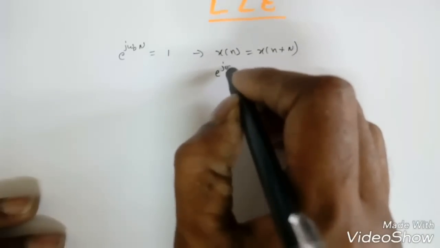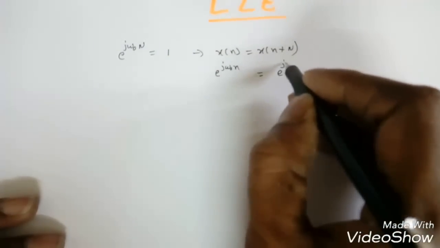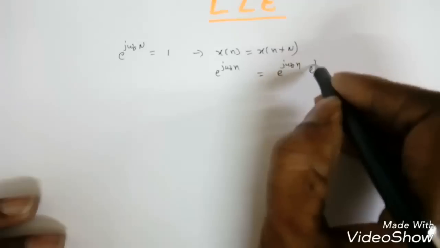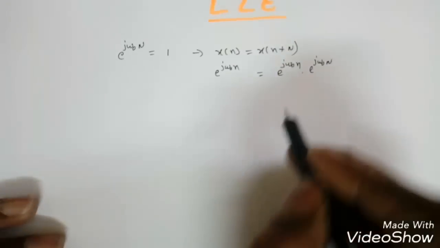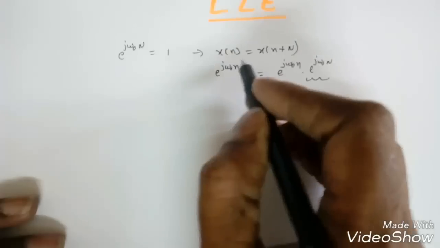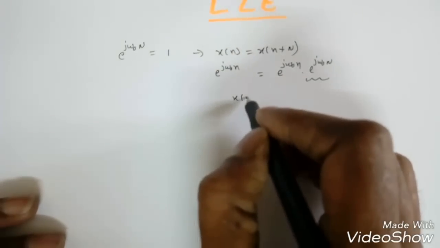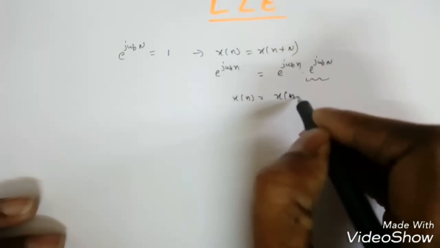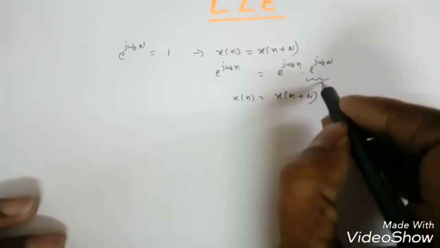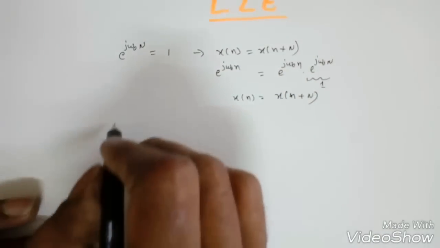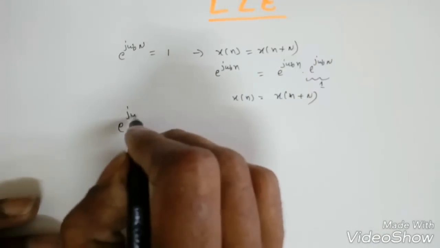That is, e power j omega naught n is equal to e power j omega naught n into e power j omega naught capital N. If this term is 1, then only x of n is equal to x of n plus N. Now to make it 1, how to make e power j omega naught N?